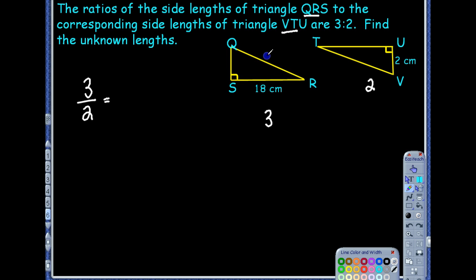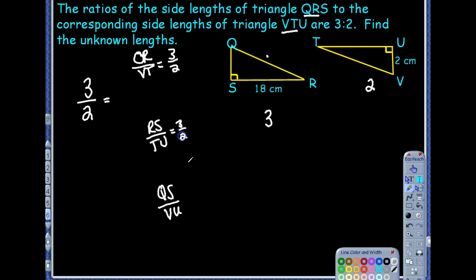But you could write the side QR over VT. Those two are in a proportion or in a ratio with each other. And another would be RS over TU. And then the last one would be QS and VU. Great. So all of these are that 3-to-2 ratio.